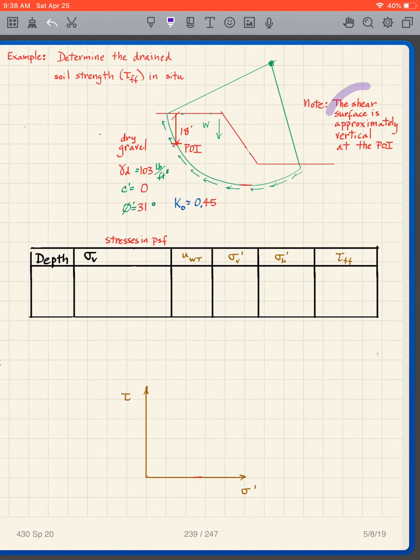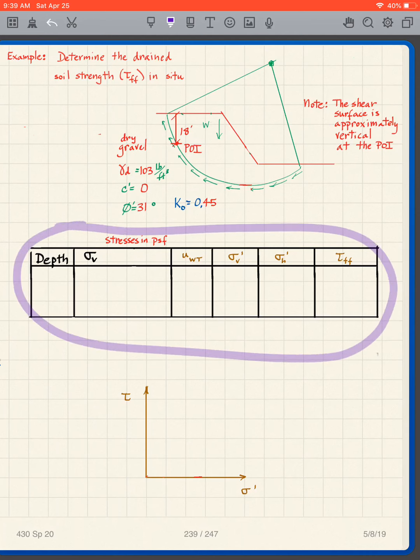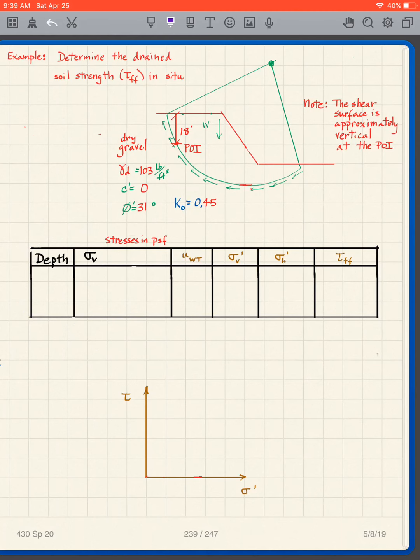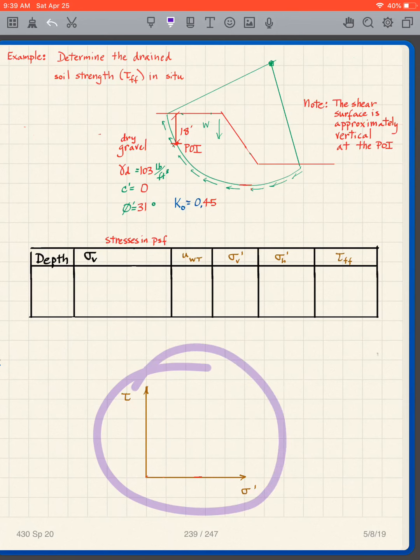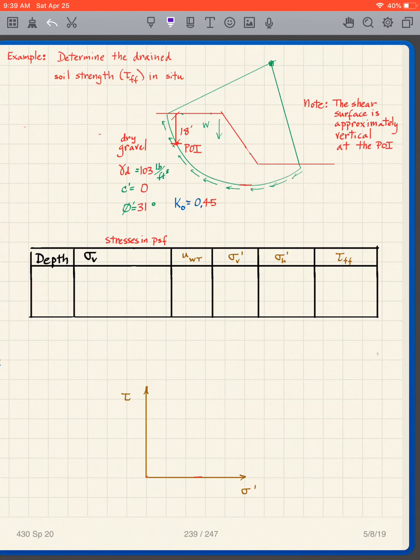The shear surface is approximately vertical at the point of interest. What I want you to do is fill out this table. As I say, it's dry gravel, and you need to take that into account. You need to draw the proper failure envelope down here. I've given you some information right there that you can use to draw the failure envelope. And then your goal is to get the tau FF at the point of interest. So pause the video here, fill out this table, and do this problem.